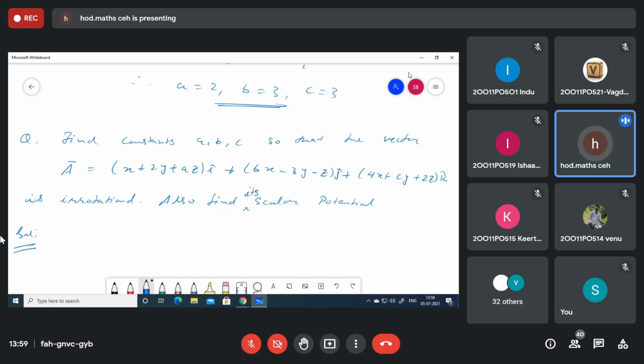About the two problems we have done, this is just a combination of the two problems. You have to find both the constant values as well as the scalar potential of a vector which is irrotational.